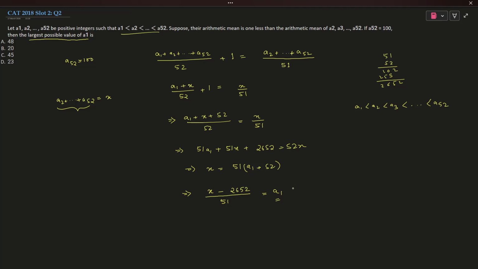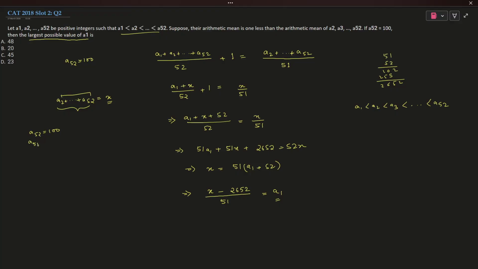X needs to be maximum. What is A52? A52 is 100, guys. So in order to maximize x, I need to maximize the sum of all the positive integers from A2 till A52, and we are given that A52 is 100.